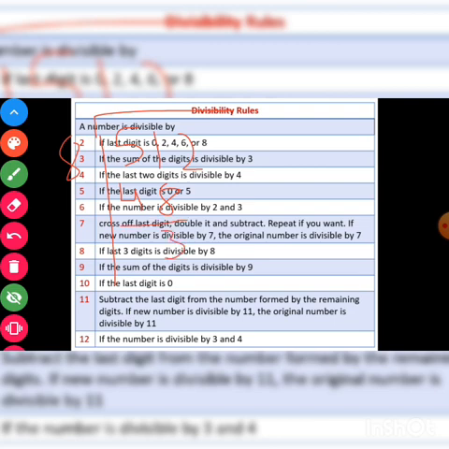Subtract, you will get 32. 8 4s are 32. So you can see 512 is completely divisible by 8. That means 512 will be divisible by 8.